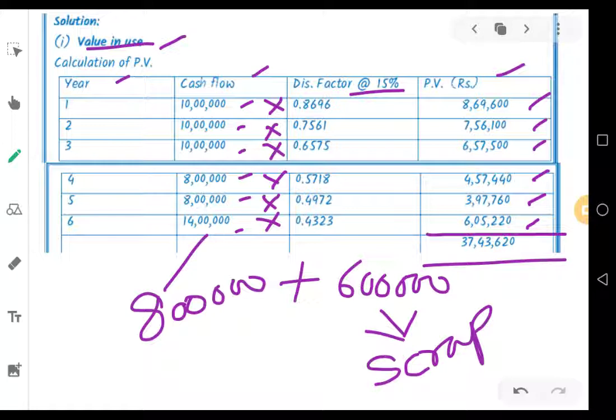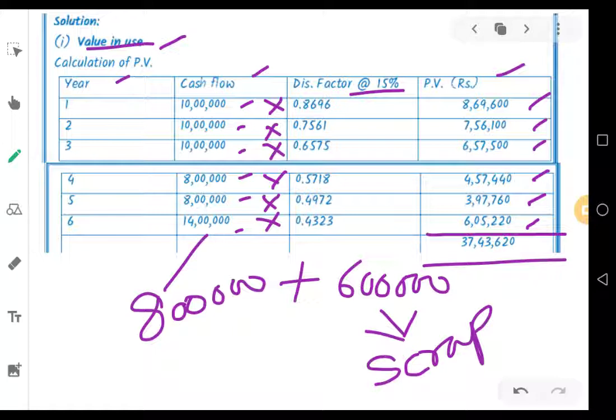Therefore you have to prepare a simple table with number of years and cash flows, and while entering cash flows you should not forget to add the scrap value of the asset to the last year. Therefore 8 plus 6, that will be 14.